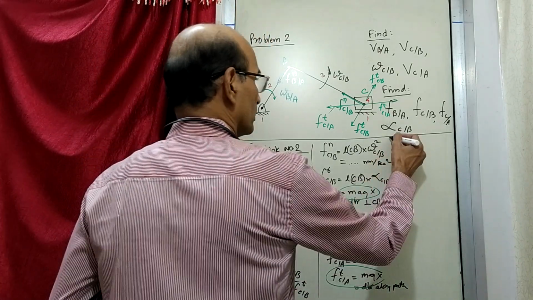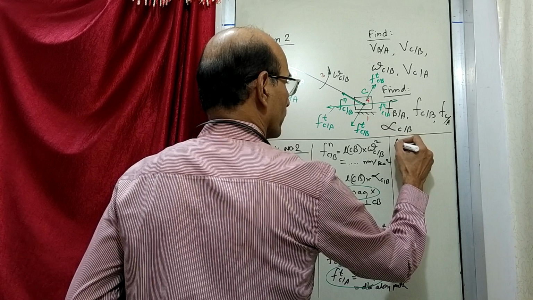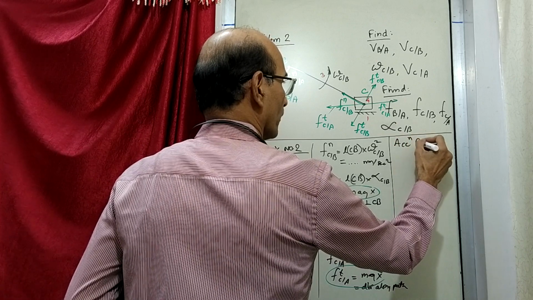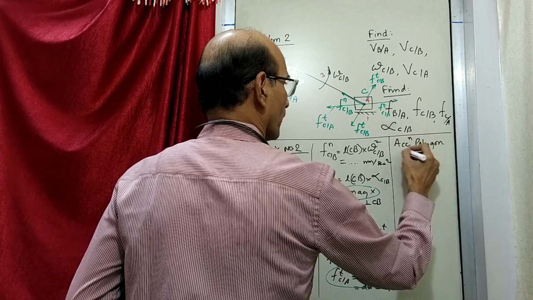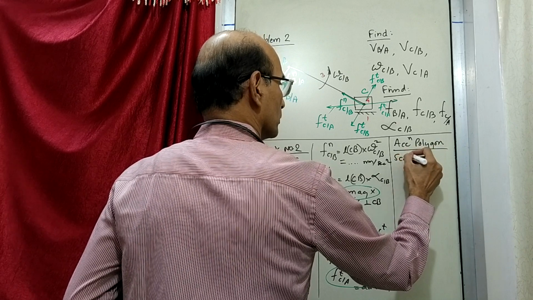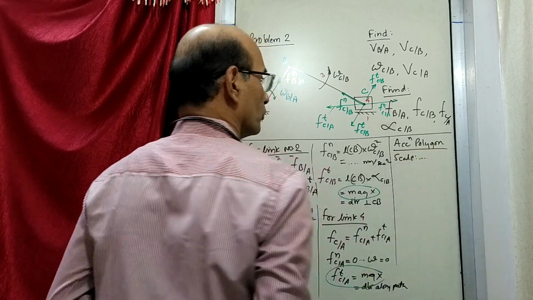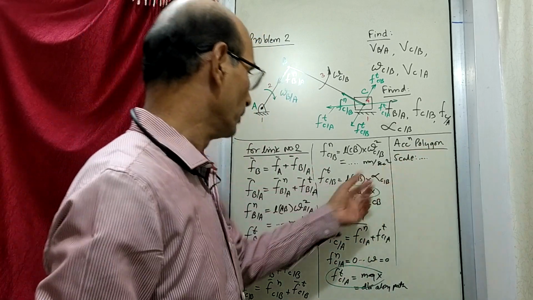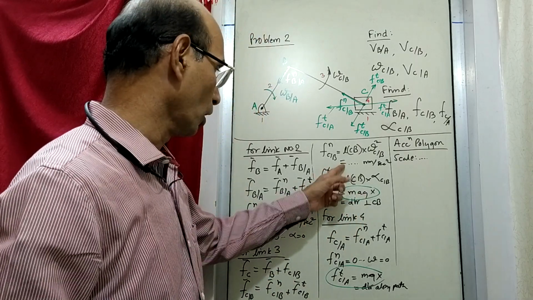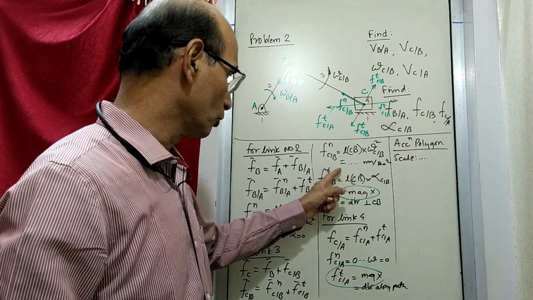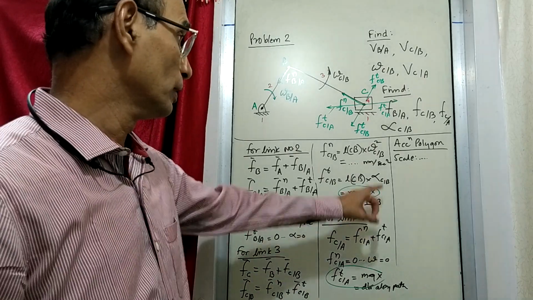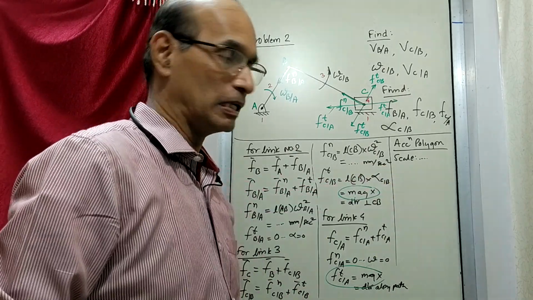So we start with setting some scale based on the values which we are going to plot. These are the values which we are going to plot, and according to that we decide a suitable scale.